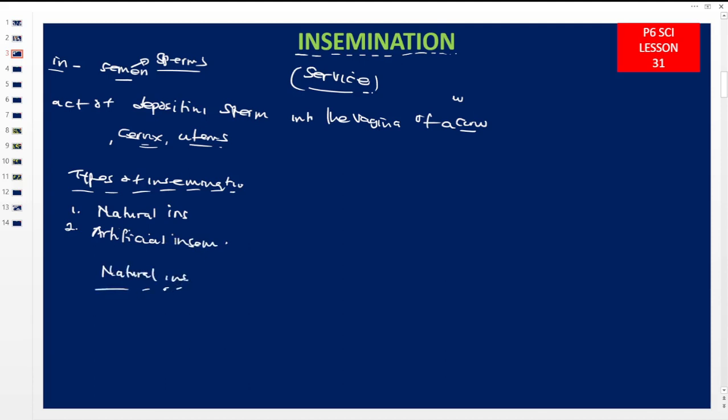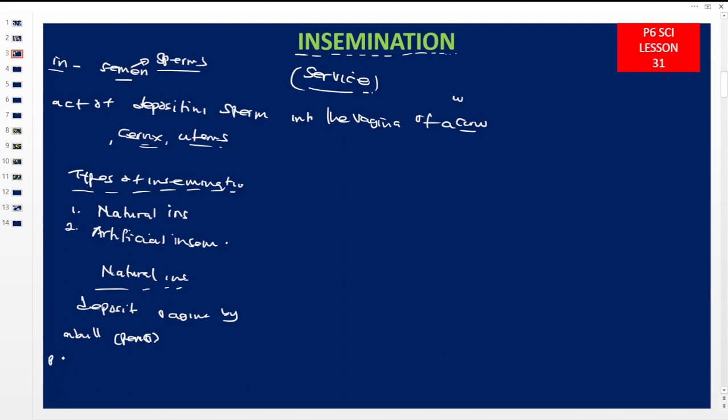Natural insemination is the act of depositing sperms into the vagina of a cow by a bull. When the bull inserts its penis inside the vagina and pours sperms inside there, that is what we call natural insemination. This is the method where a bull is used to deposit sperms into the vagina of a cow.